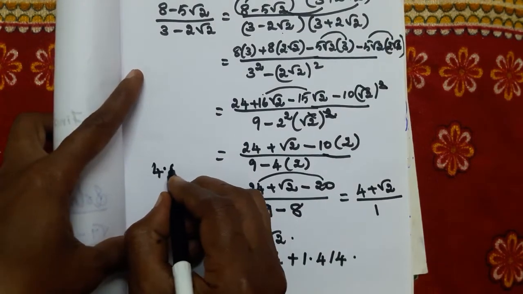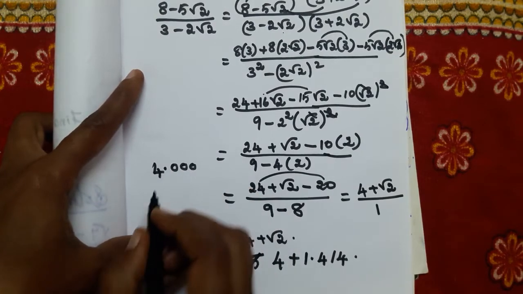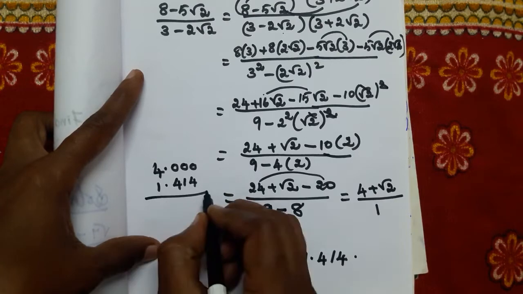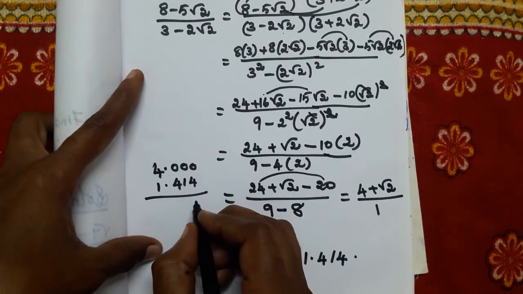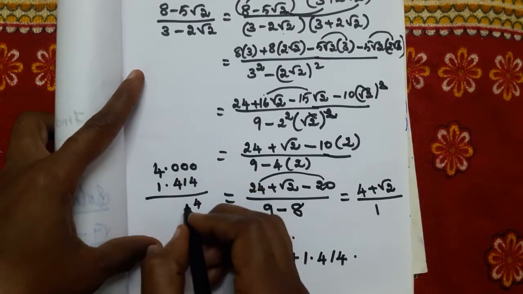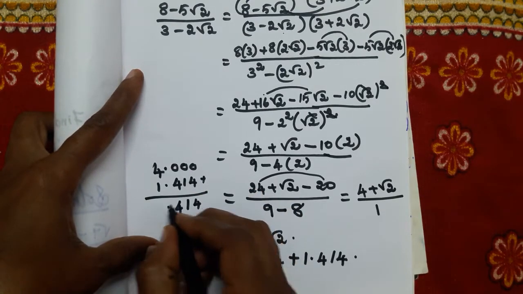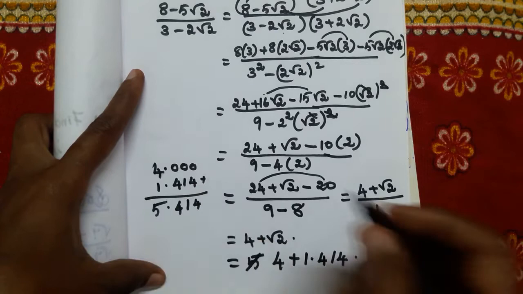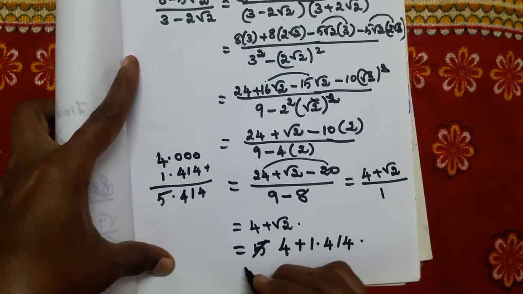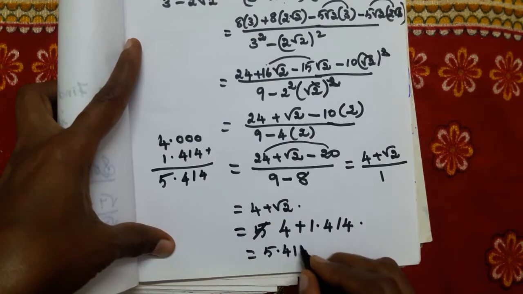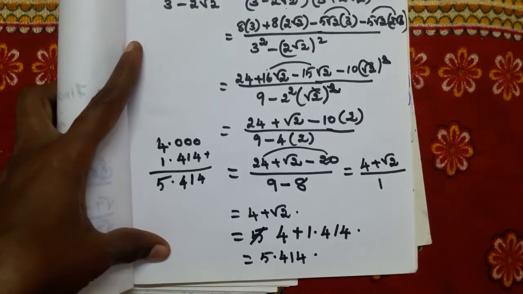Listen carefully. 4.000 plus 1.414. Like this only we have to add. So 0 plus 4 is 4, 0 plus 1 is 1, 0 plus 4 is 4, 0.1 plus 4 is 5. It's equal to 5.414 is the answer. Can you able to understand?